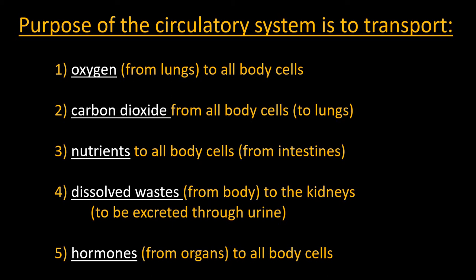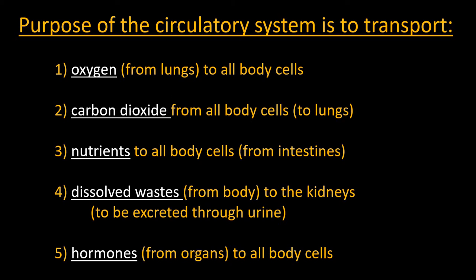All nutrients that have gone through the digestive system go from the intestines out through the circulatory system to all the body cells. And any dissolved wastes, not solid wastes, but dissolved wastes, go from the body through the circulatory system to the kidneys, which will then create urine in order to remove them from the body.